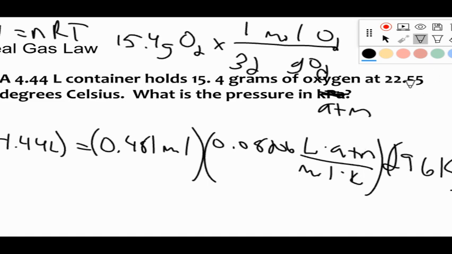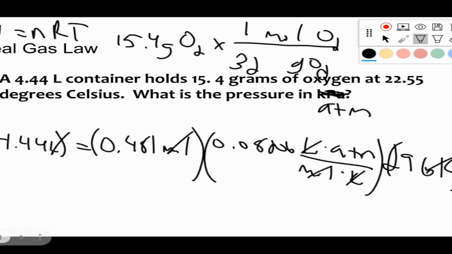Technically, when I add it up, it's going to come out to 295.55, and technically that's what the sig figs would give us, but it's going to make your math faster if you round up here.